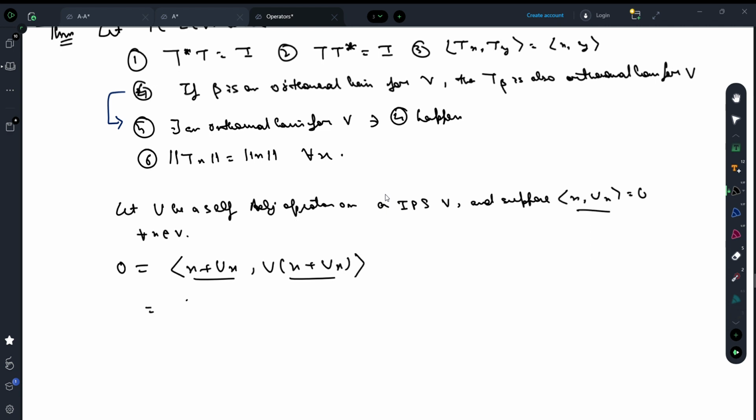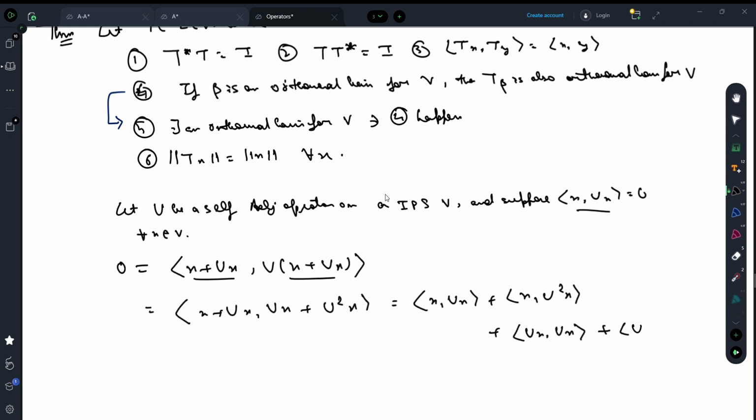But I can write this as the inner product of x plus ux with ux plus u squared x. But then I can distribute it out to write it as the inner product of x with ux, plus x with u squared x, plus ux with ux, plus ux with u squared x, right?